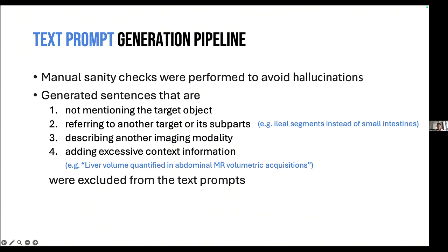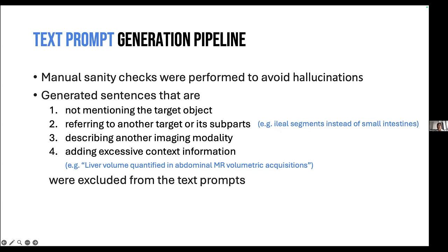So the failures include not mentioning the target object, as well as referring to another object or its subparts. So for example, if the object is small intestine, sometimes the LLM sentence would include a subpart of small intestine, like the ileal segments or something similar. That is not considered acceptable.